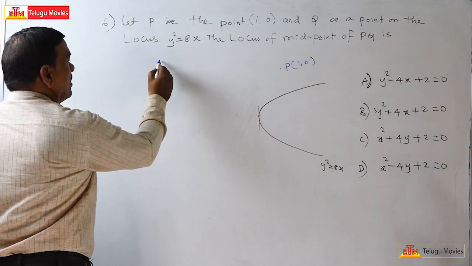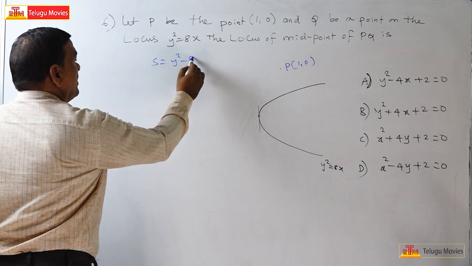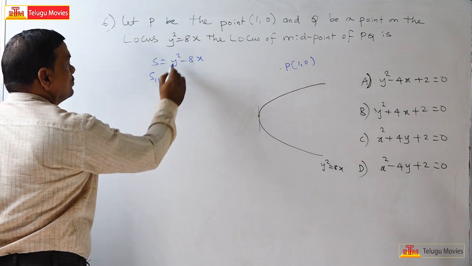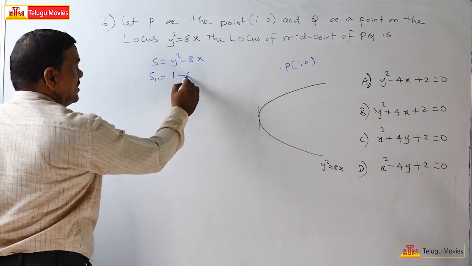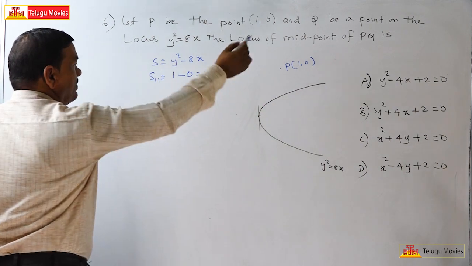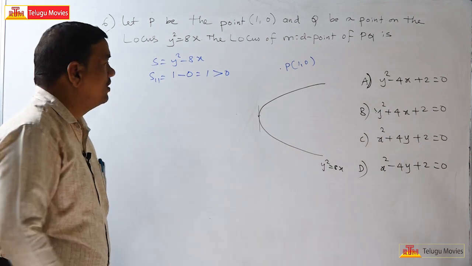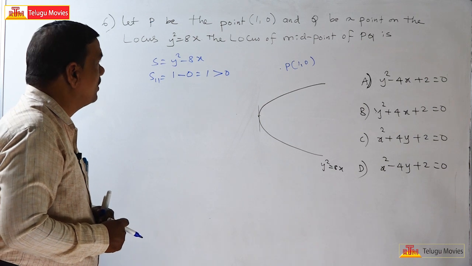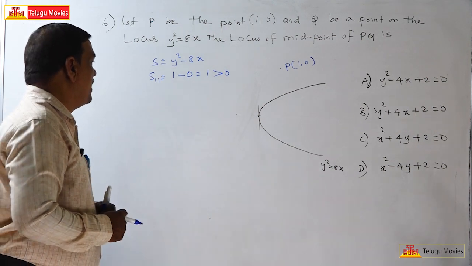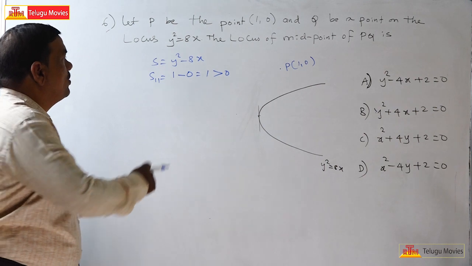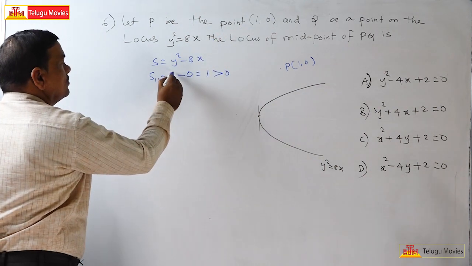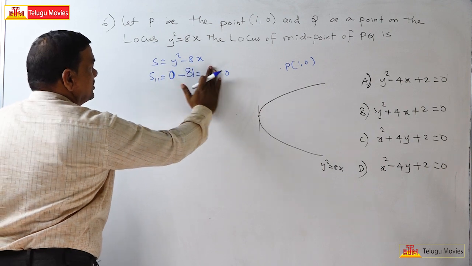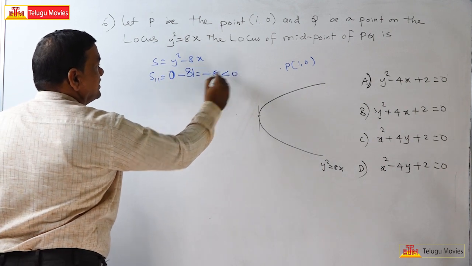Depending upon the S value, y square minus 8x. Now let us take the S11 value. So this is 1 minus 0, that is equal to 1, greater than 0, which means it lies outside the parabola. Now here y square value is 0, 8 into 1 is 8, so 0 minus 8 is minus 8, less than 0.